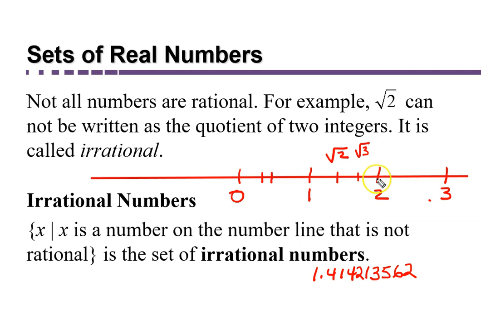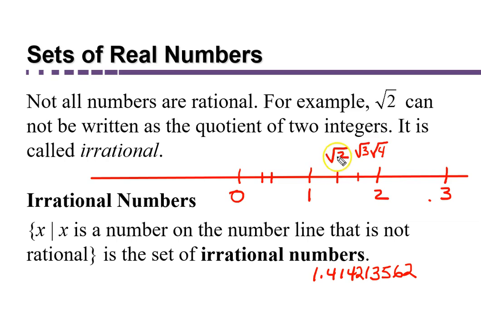And eventually you get to the number 2, but 2 in its radical form would be the square root of 4, which is a perfect square. So when you take the square root of 4, you get a 2, even though it's shown under the radical sign.